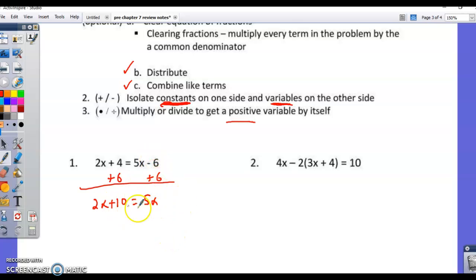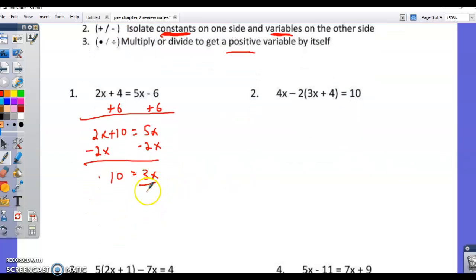And now the x terms here, so I want to get rid of this x on this side. So you do that by subtracting. Remember, you're just going to add and subtract a bunch of times until you get constants on one side, variables on the other. So this would be 0 here, and then 10 equals 5x minus 2x, which would be 3x. All right, and then we could divide by 3 as our last step.